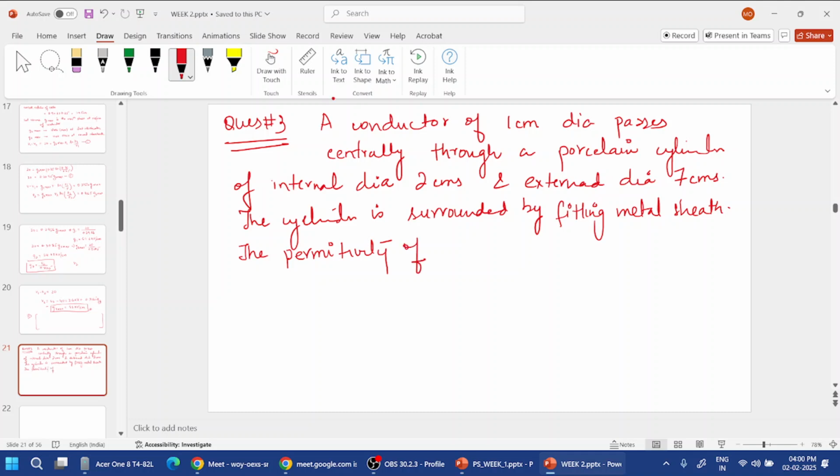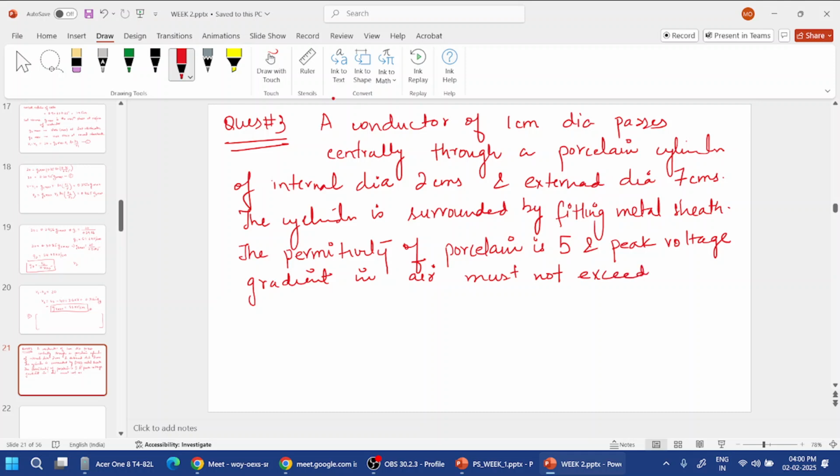The permittivity of porcelain is 5 and the peak voltage gradient in air must not exceed 34 kV per centimeter.